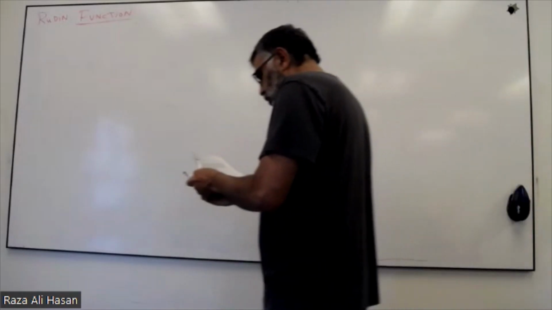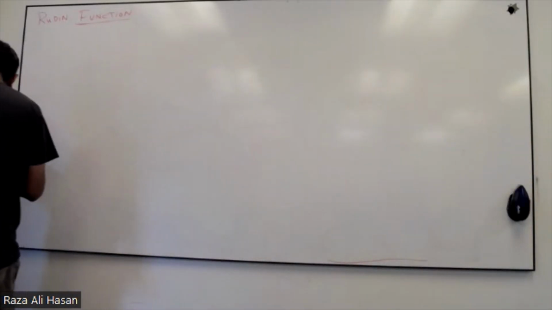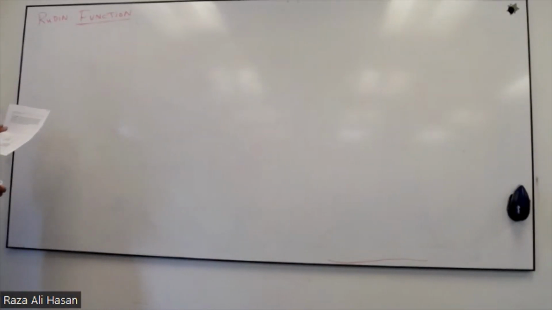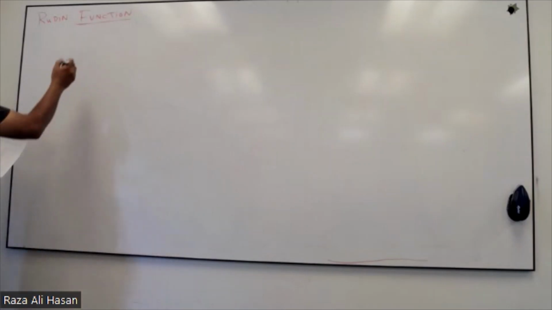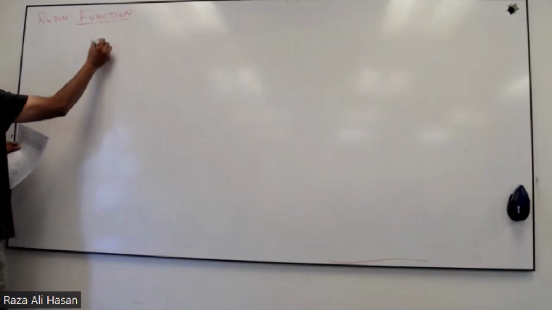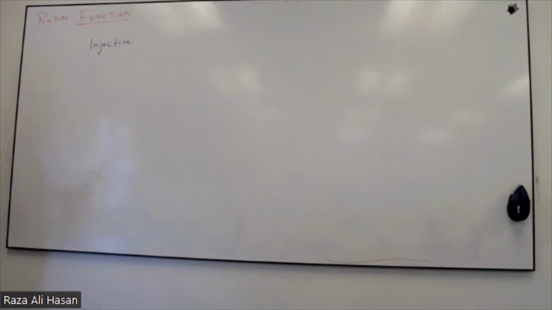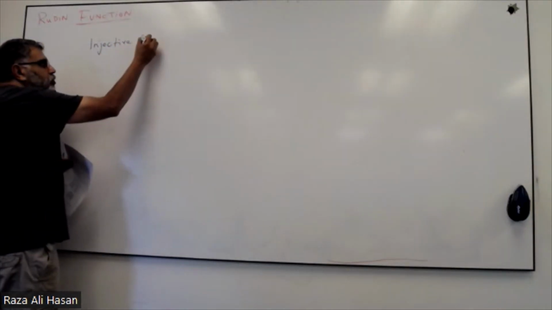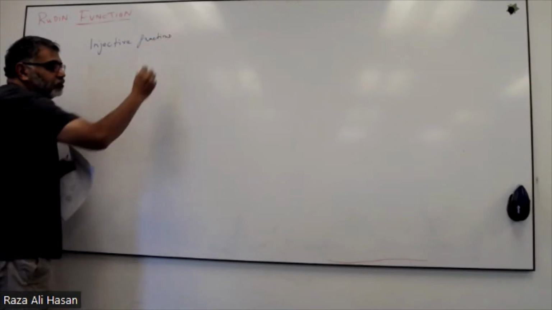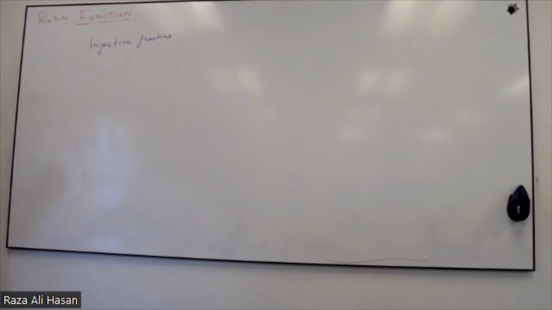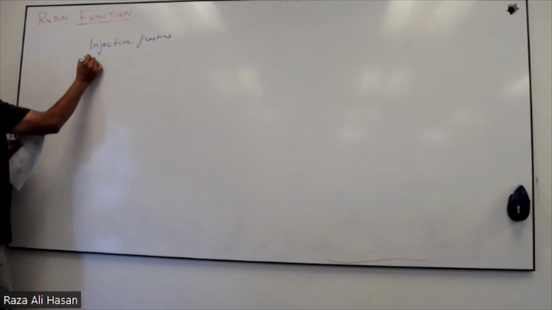All right, so let's do this one here. Injective functions. This is just some vocabulary with some pictures, and it's important to just memorize, be able to remember these pictures, because that will help. Or we can call it injection.